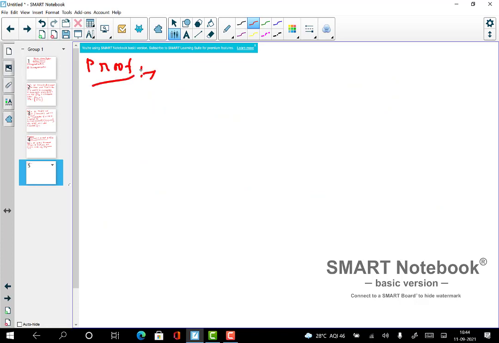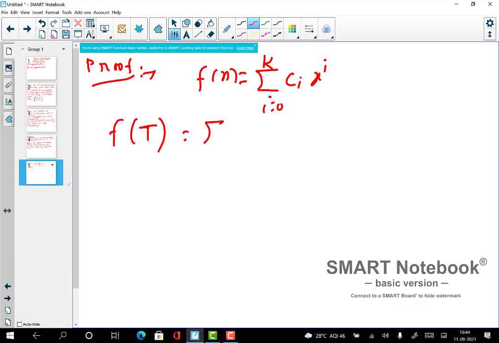Now, you choose any polynomial, say f(x) of the form summation c_i x^i, i equal to 0 to k, and if you substitute the value f(T), then it will be c0 identity plus c1 T and so on, ck T^k.